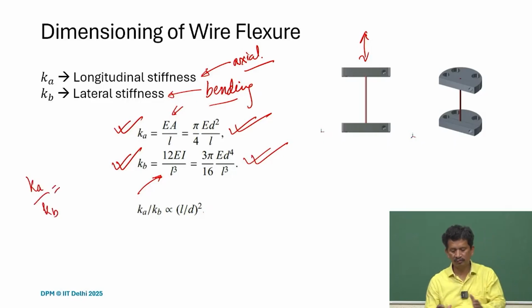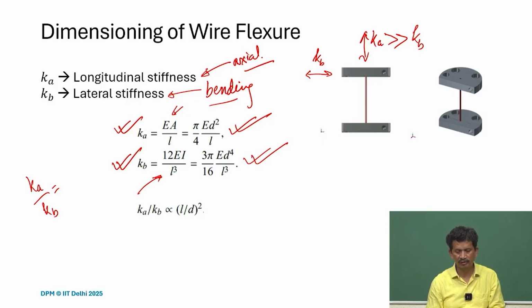Because what we wanted to know is this Ka versus this Kb, and what we are claiming is that Ka is way higher than Kb, but how do we ensure that?